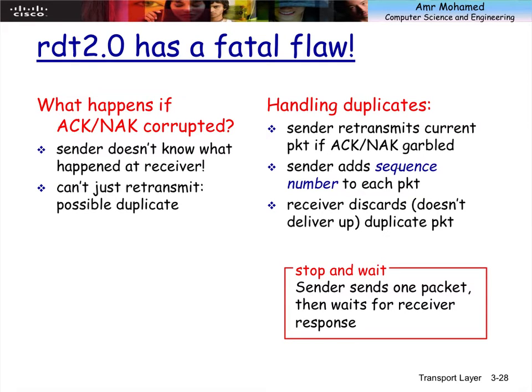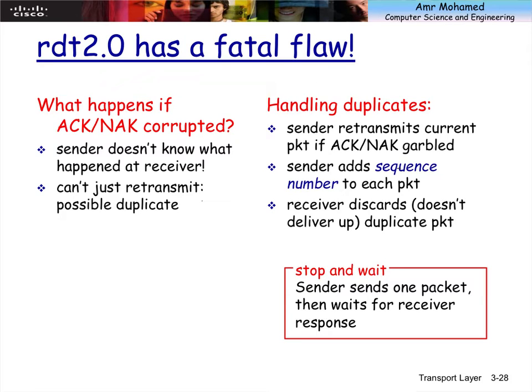We will do one slight design change. If the packet is corrupted, we said that we use acknowledgement and negative acknowledgement, right? So the sender doesn't know what happened at the receiver side, and it can't just retransmit, possible duplicate.